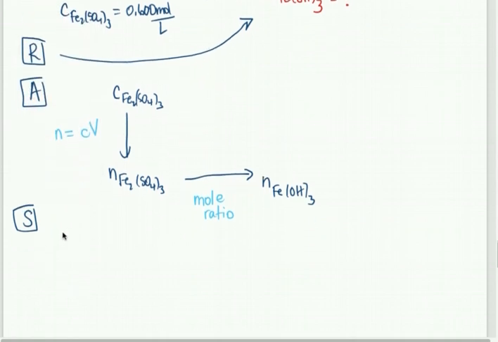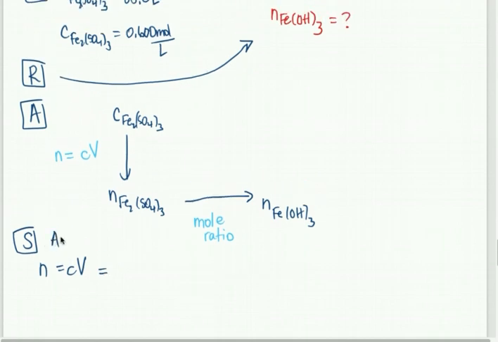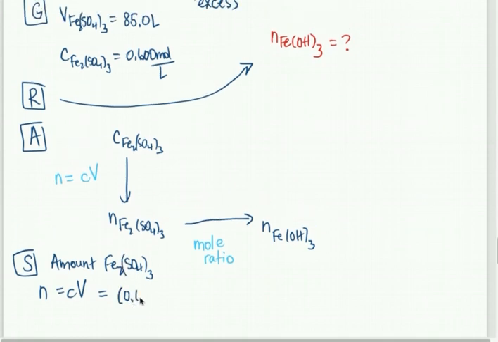Okay, so step 1, let's find the amount of iron 3 sulfate here, by using this formula here. Okay, so the concentration here is 0.6 mole per liter, okay, multiplied by the 85 liters.